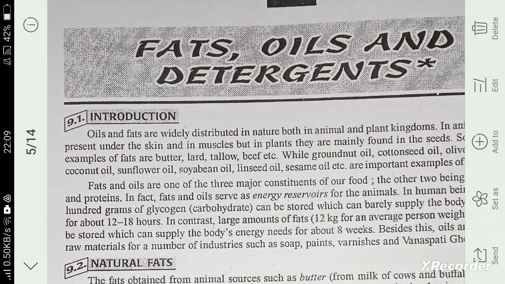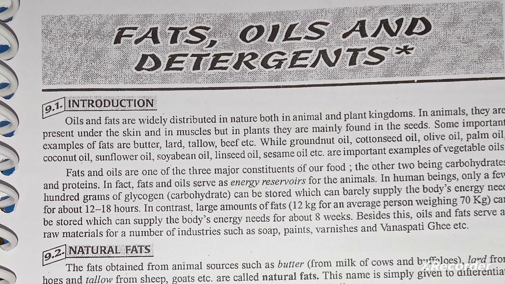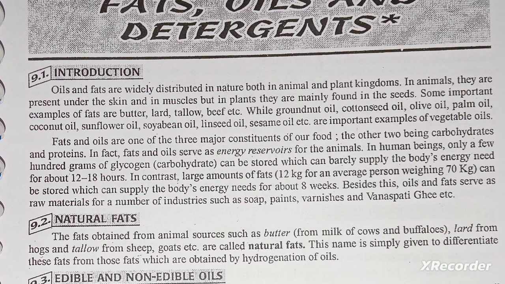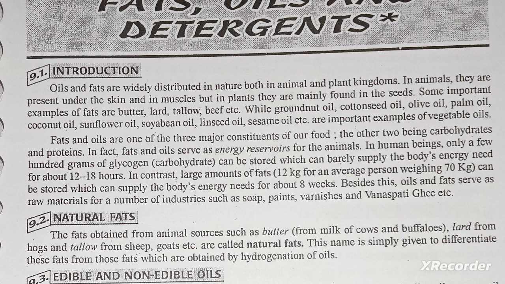Unit is Fats, Oil and Detergents. Introduction. Oil and fat are widely distributed in nature both in animal and plant kingdom. In animals, they are present under the skin and in muscles, but in plants, they are mainly found in seeds.